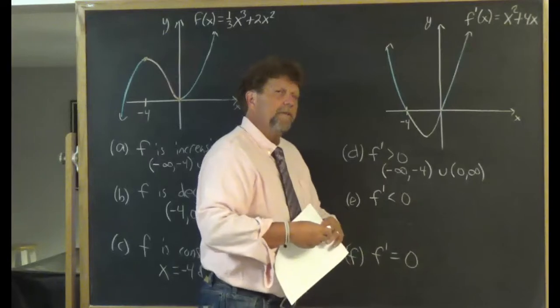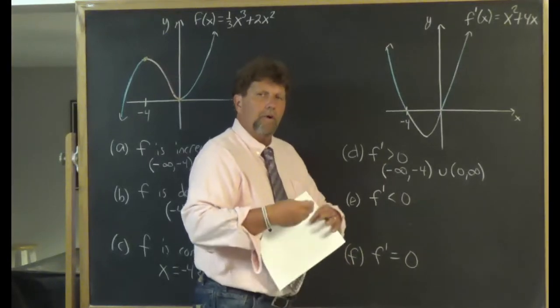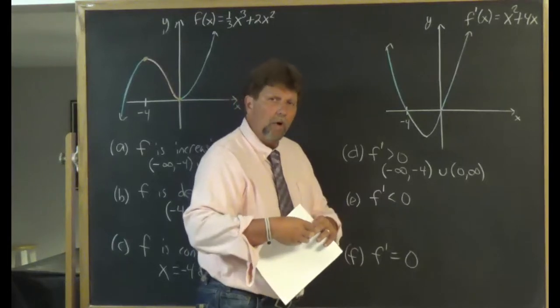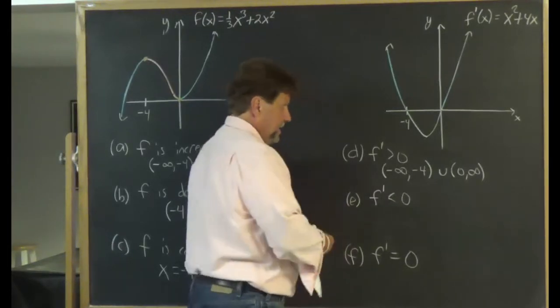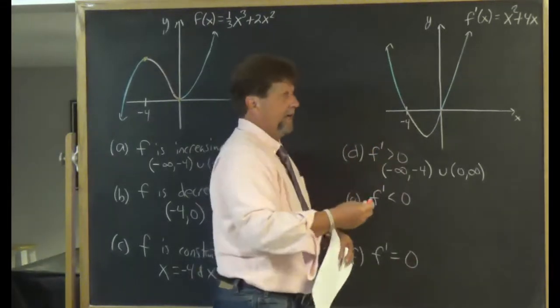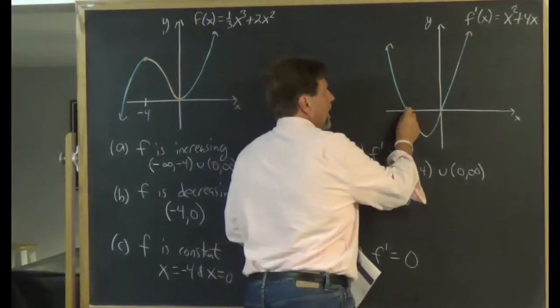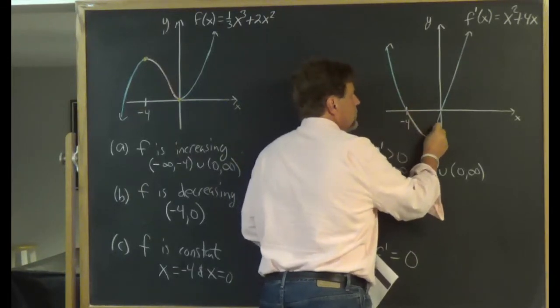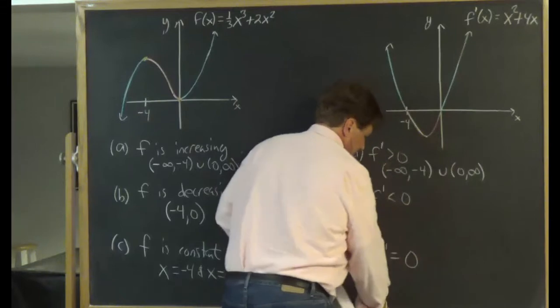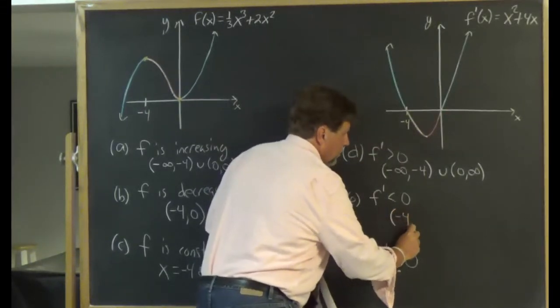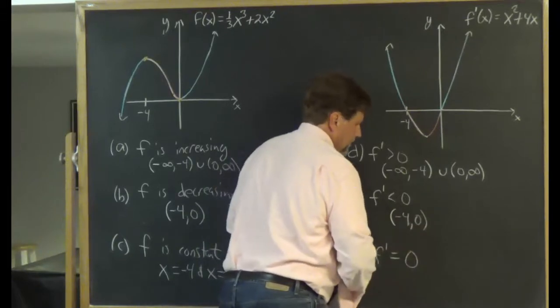Where is the derivative less than 0? Graphically, that matches up with where the graph of the derivative is below the x-axis. It looks like the graph of the derivative is below the x-axis for x values from -4 to 0. So that interval would be -4 to 0.